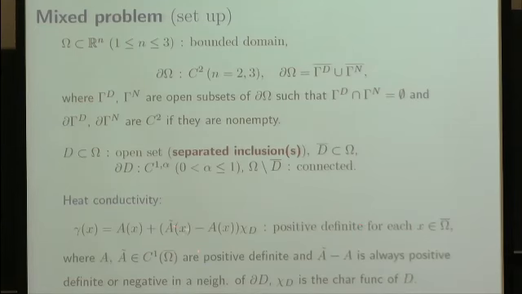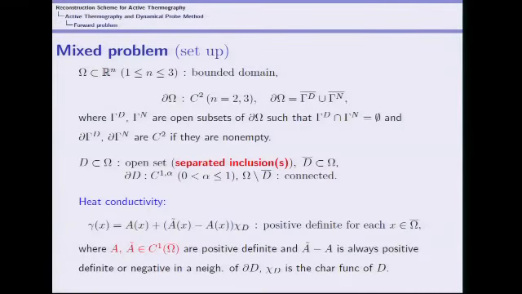And also, I have to assume that the conductivity must have a clear jump across the boundary of the inclusion. So, A tilde minus A is always positive definite, or negative definite, in a neighborhood of partial D. And further, for the smoothness of A and A tilde, I assume they are C1 on omega bar.